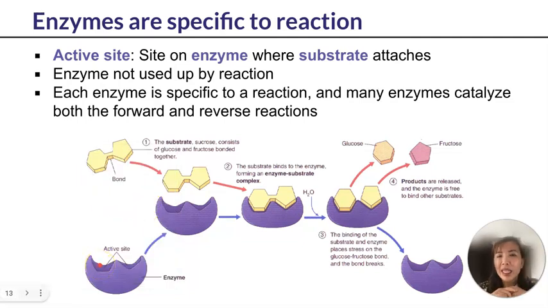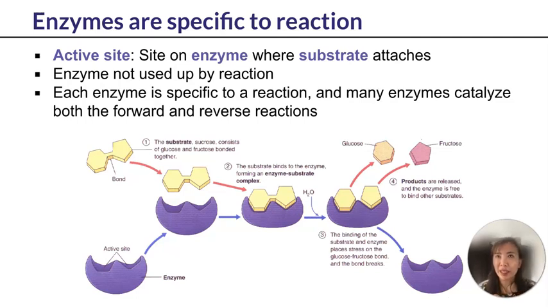Each enzyme is specific to a particular reaction. Why is that? That's because the substrate that interacts with that enzyme is also specific. We can think of this as the lock and key model.